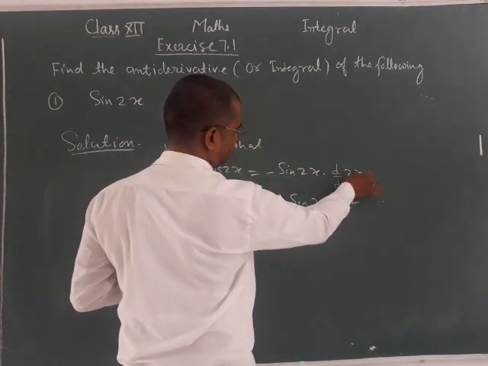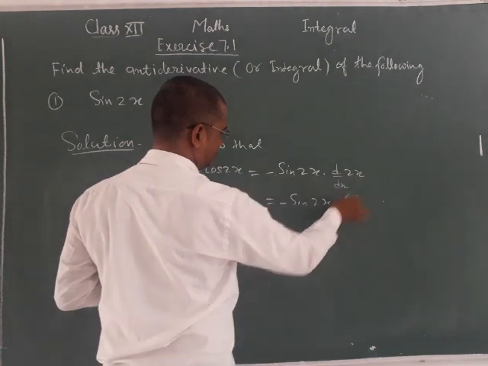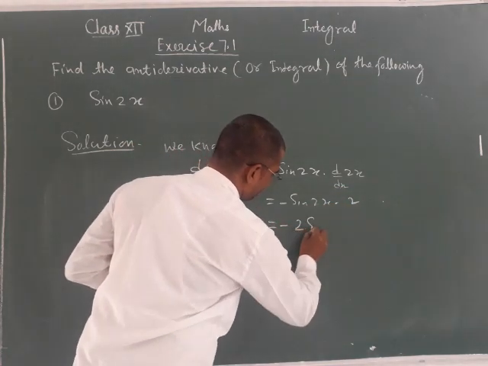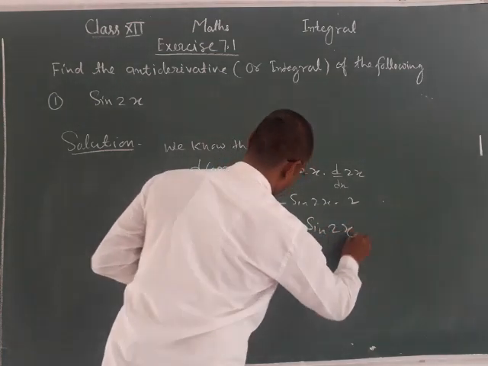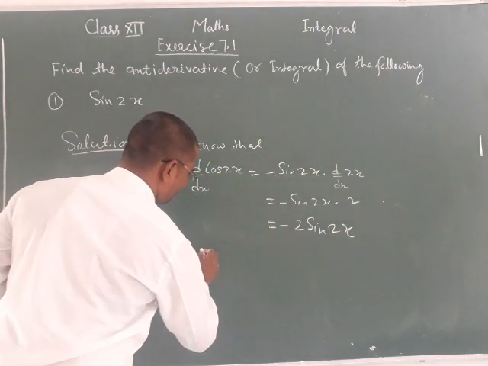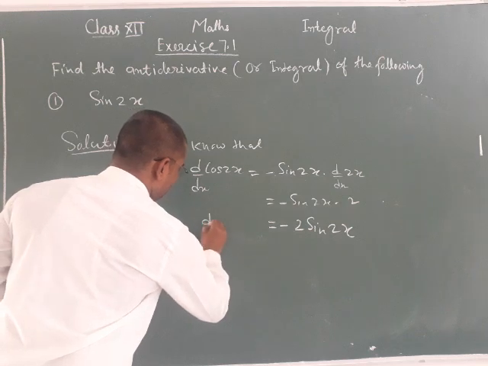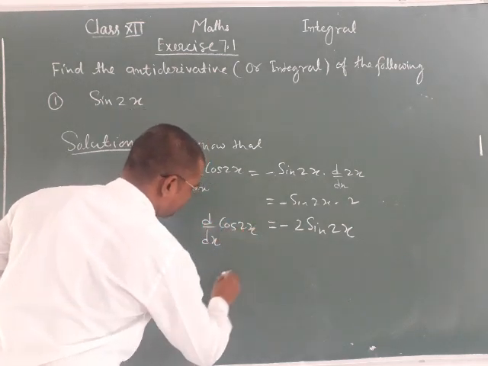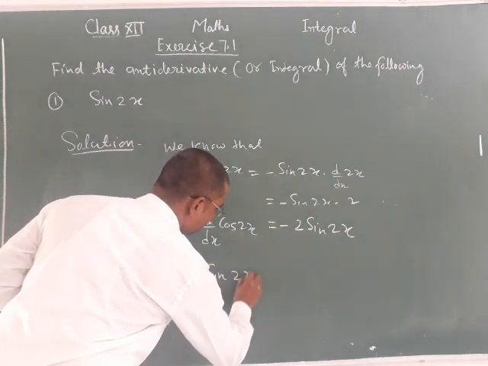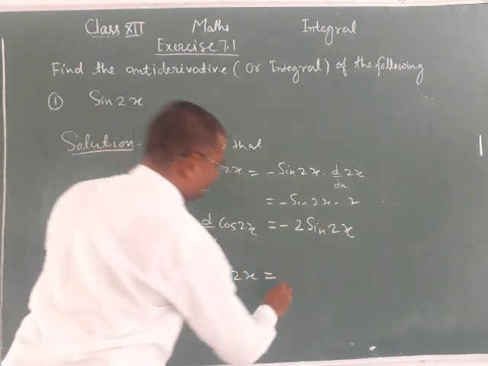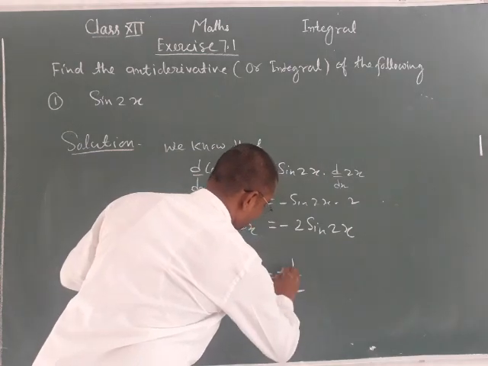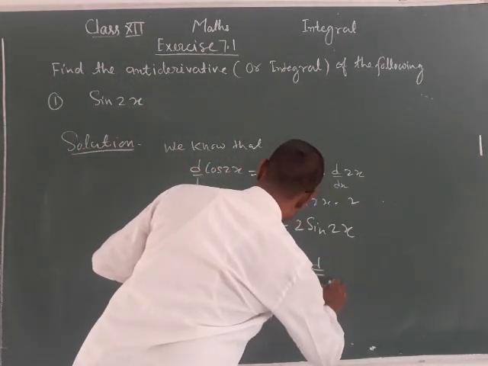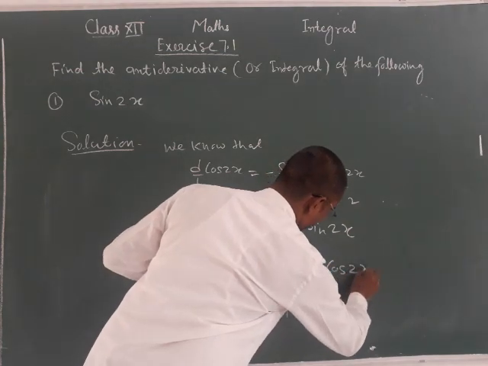So d upon dx cos 2x is equal to minus 2 sine 2x. So sine 2x is equal to minus 1 by 2 d upon dx cos 2x.